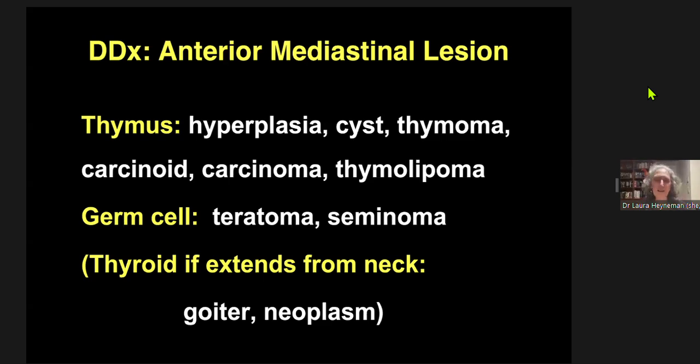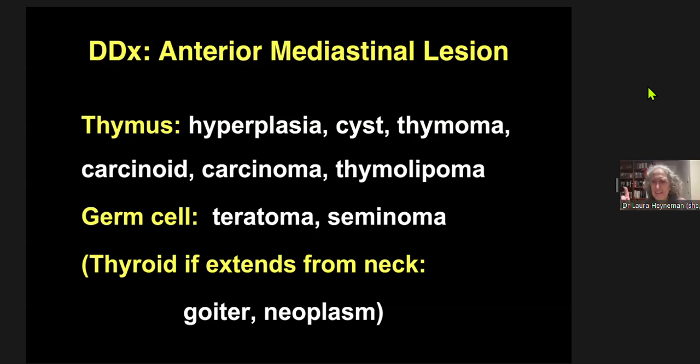Same with germ cell. I listed two here, teratoma, seminoma. There's yolk sac lesions. There's embryonal cell. So there are a host of germ cell tumors that can stem from these remnants. And then again, if there is evidence in the paratracheal region of something coming down from the neck, then you can include thyroid pathology as well.